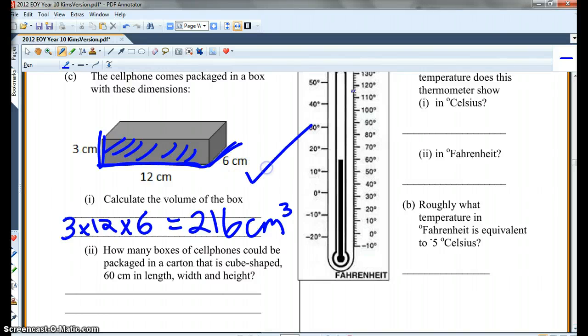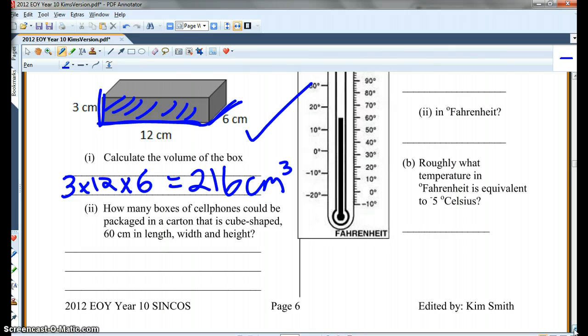We can tick that one. I'm just checking I don't do anything completely dumb. How many boxes of cell phones could be packaged in a carton that is cube shaped? So it's 60 by 60 by 60. Ooh, now that could be quite tricky.